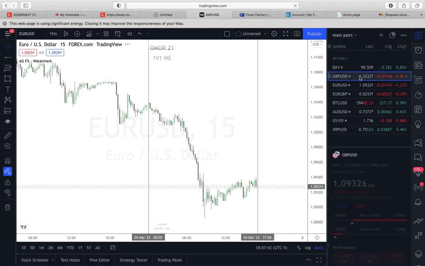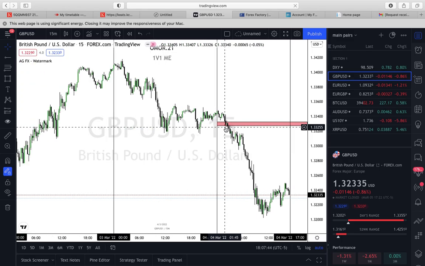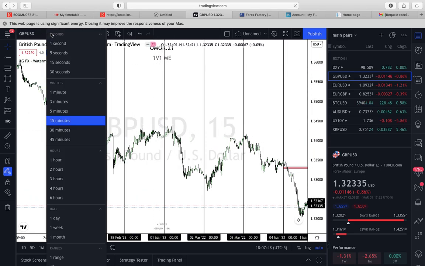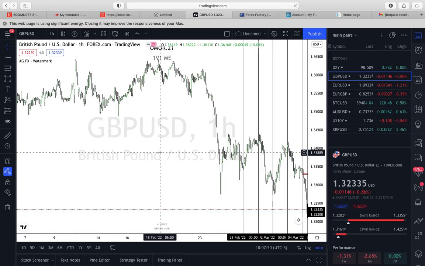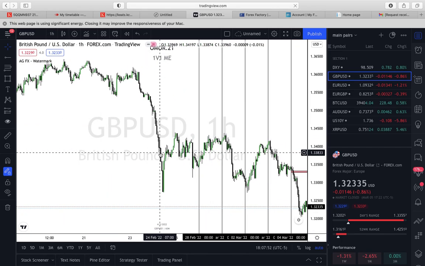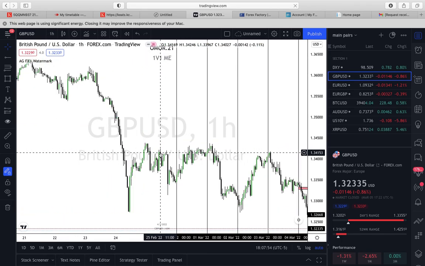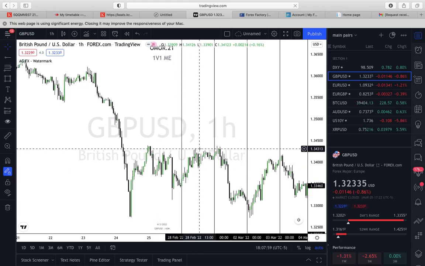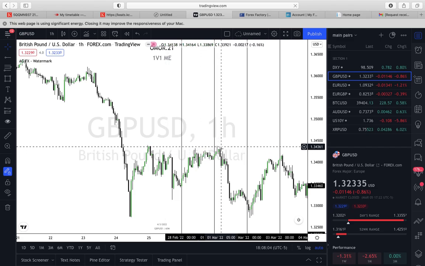That's how I done it on GBP USD. If you look at GBP USD, it's got the 1 hour. GBP USD, it runs this previous week's highs, comes lower.